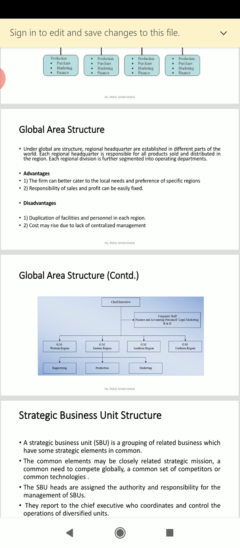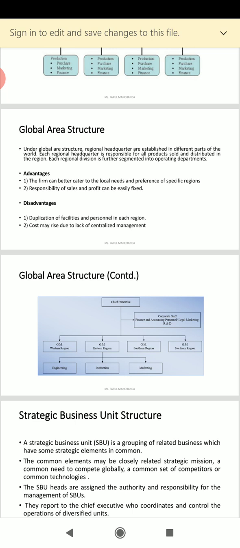As the name of the structure, global area structure, defines, the division is precisely done on the basis of region. If we go back to the structures which we have done previously, like the global product division structure, there the division was done on the premise of your product. Over here the division is done on the premise of area.